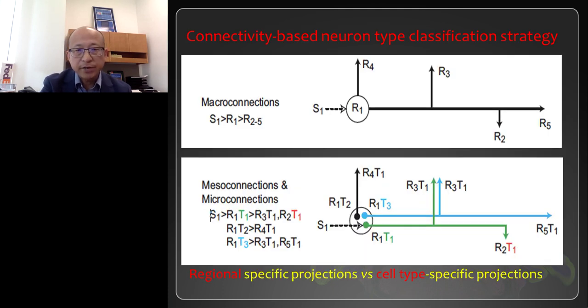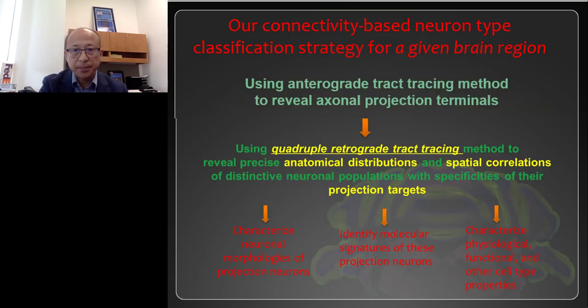Just like what I showed here, this is one individual region, and they project to multiple targets, and in each individual region, they have these different cell types. And then we make injections of retrograde tracers into their different targets, and then they back label neurons in their regions. And then we look at which neurons project to one target or two targets or different targets.